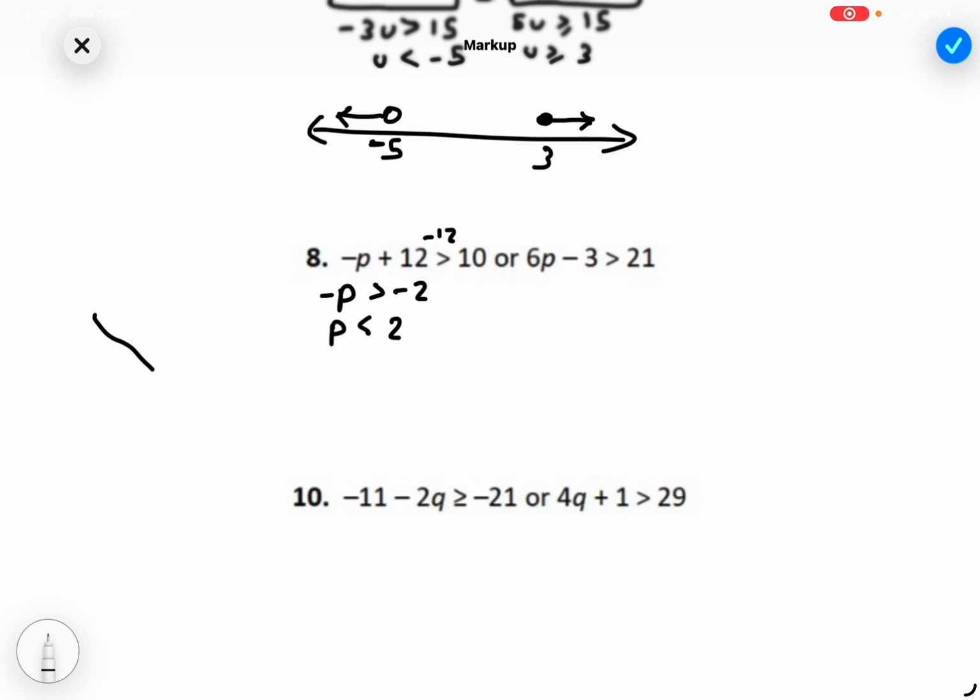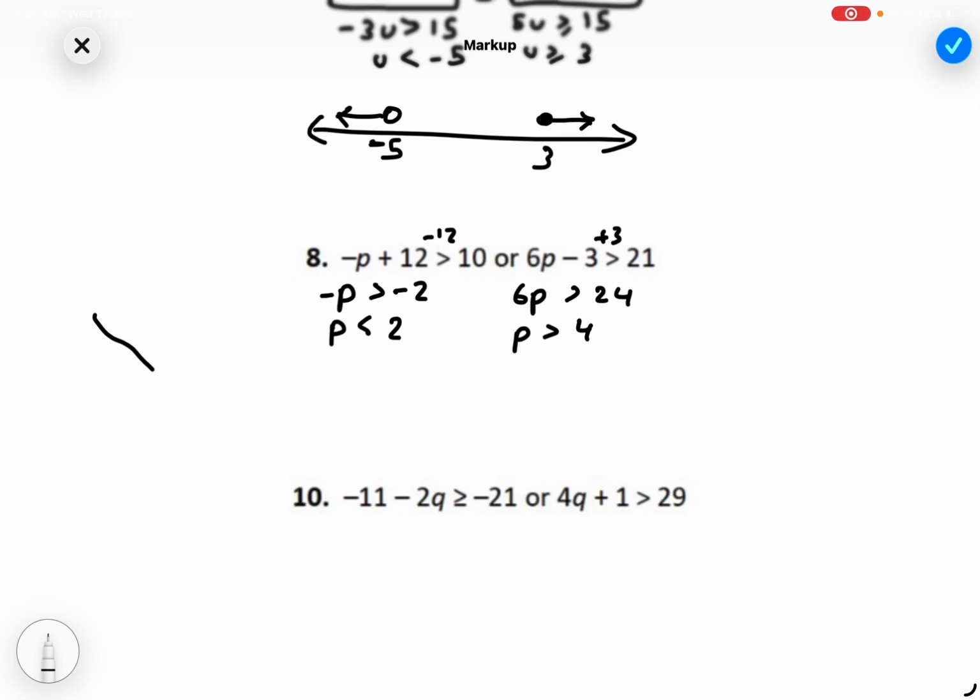For this one, it's 6p is greater than 21 plus 3, because we do the opposite. 21 plus 3 is 24, and p is greater than 24 divided by 6, which is 4.